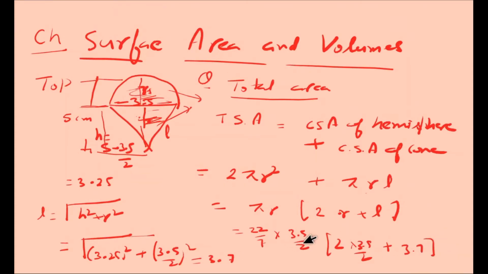Now using a calculator you get the answer, that is 39.6. And what is the unit? These are all in centimeter and this is curved surface area, so the unit is centimeter square.